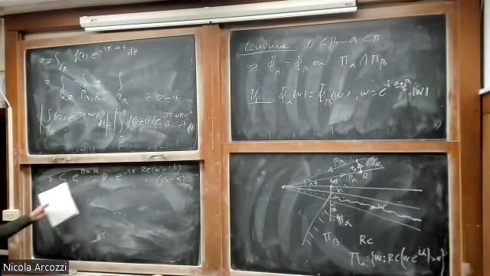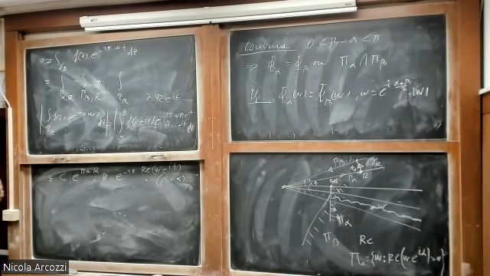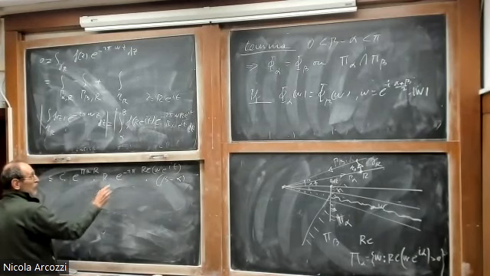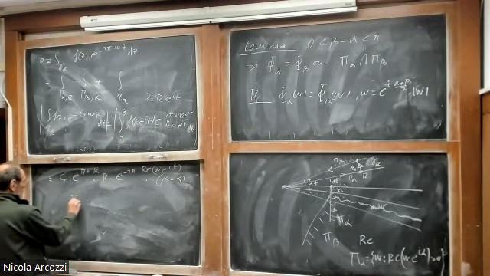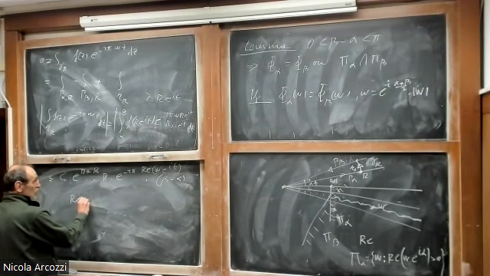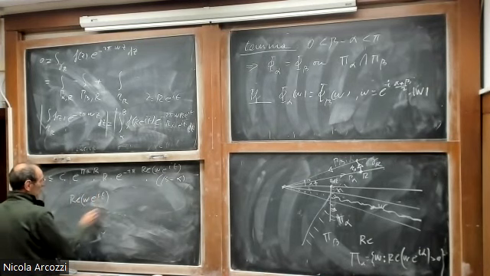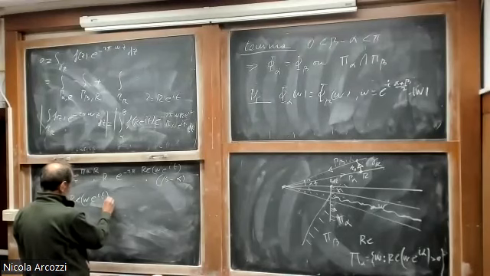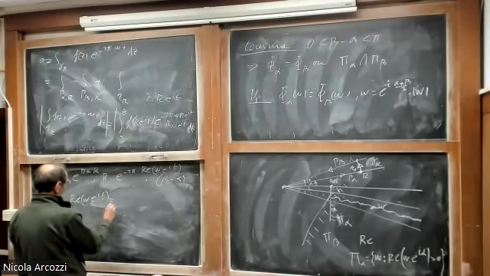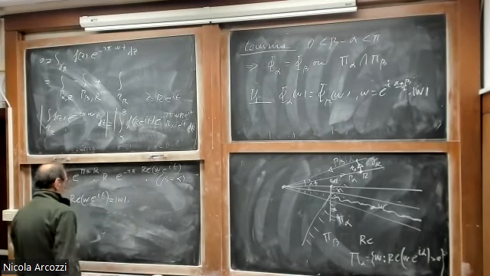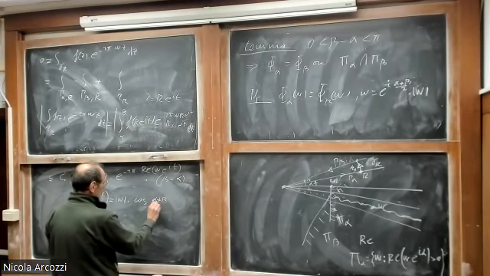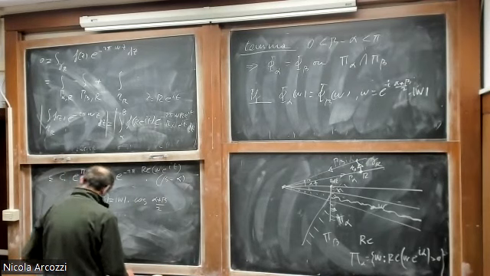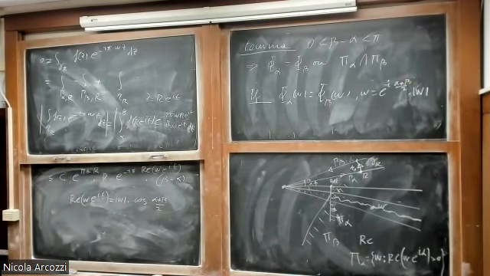Okay, so the only thing is this one. When you consider the real part of W, it is the modulus of W times the cosine of t plus the argument of W, over 2.